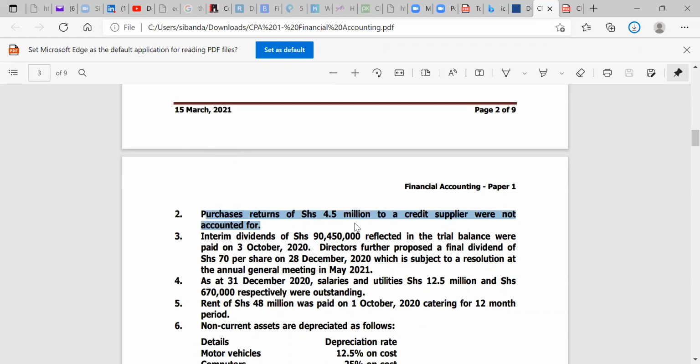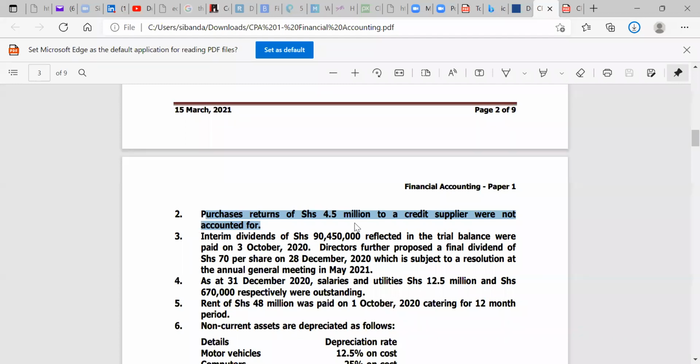So this has an effect on your profits, meaning that ideally your profits are missing something. Basically your profits are being overstated or understated based on what we are going to see as we proceed. So that's the effect of purchase returns for now, just to give you that insight. We're going to see how we can apply that, okay?